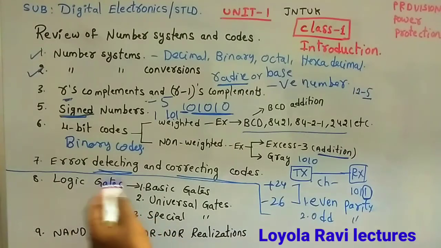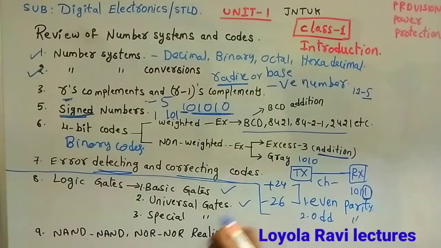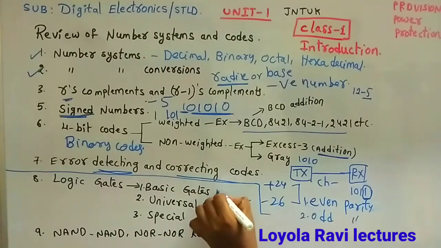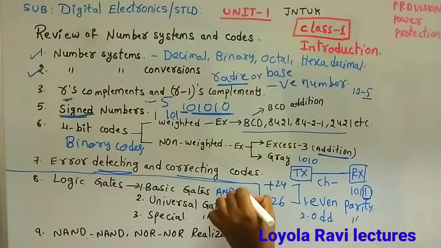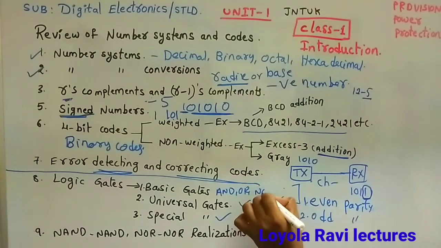And the second part is logic gates. Logic gates are classified into three categories: basic gates, universal gates and special gates. One is the basic gates. Basic gates are AND gate, OR gate, and in the same manner NOT gate.